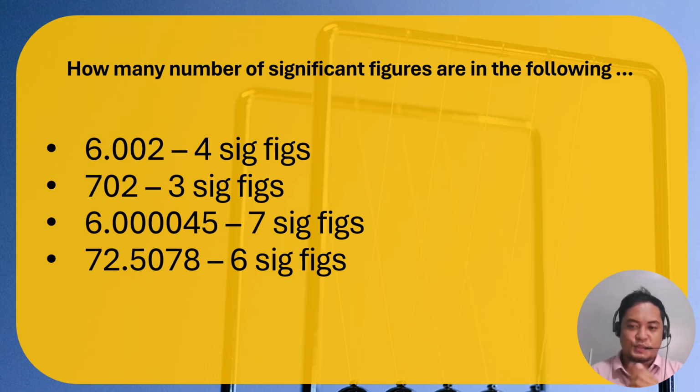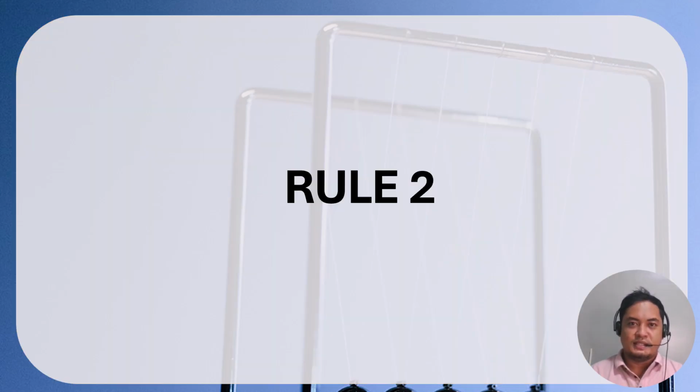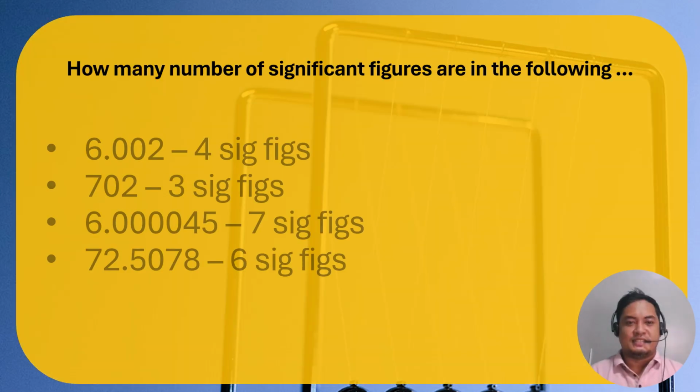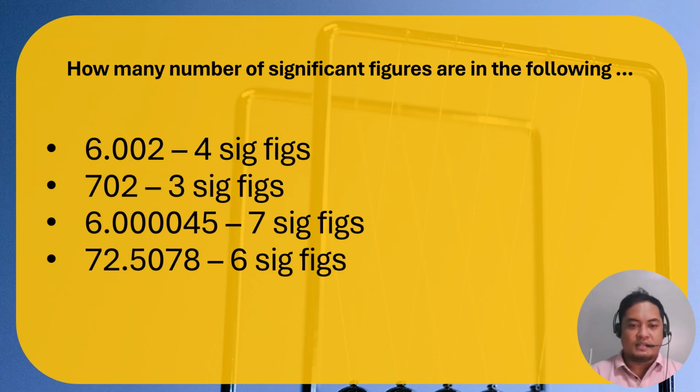The rule behind this is that zeros sandwiched in between digits are significant. You need to count them. They are crucial digits.